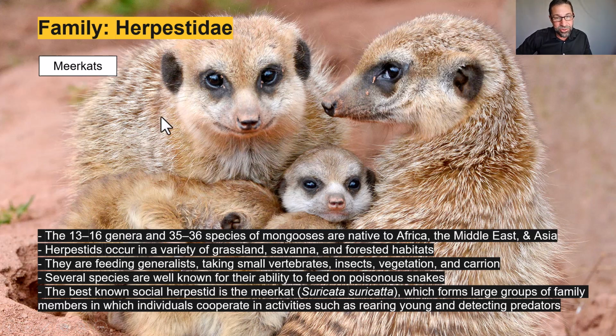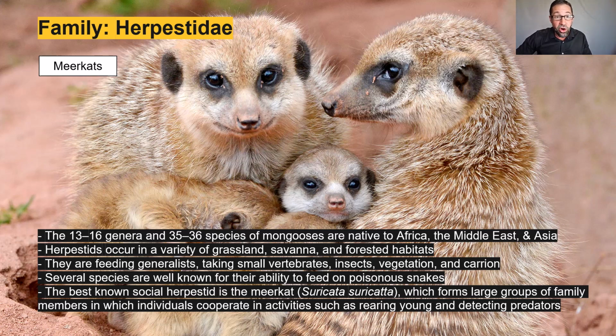So these guys were really popularized by the Animal Planet show Meerkat Manor. It's a good thing. Meerkats form large groups of family members in which individuals cooperate in activities such as rearing the young and detecting predators.